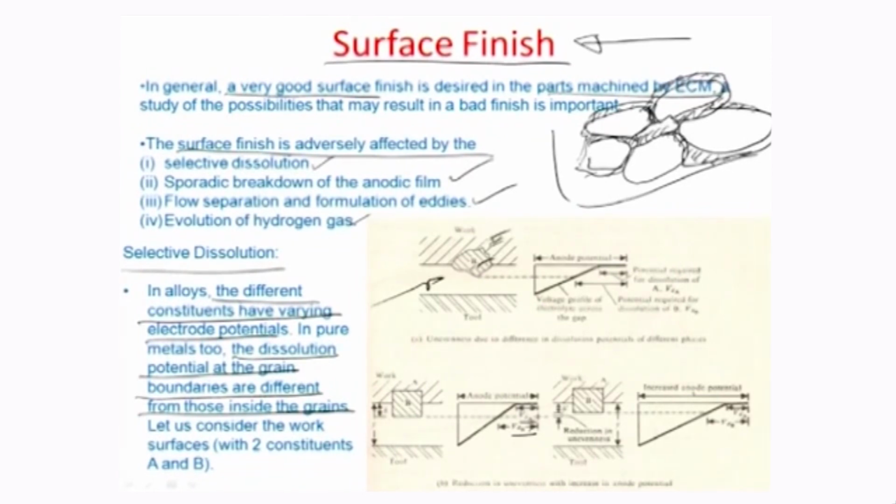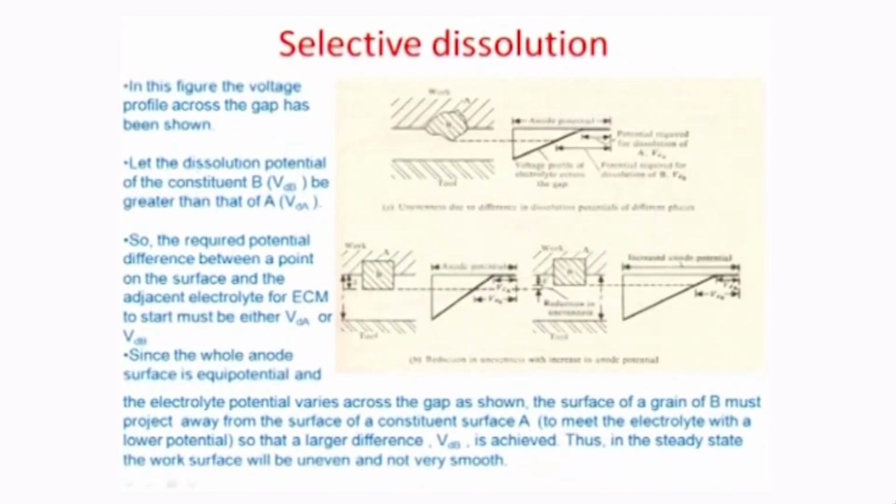So, if we assume that the dissolution potential of B, VdB, is greater than that of A, VdA, the required potential difference between a point on the surface and the adjacent electrolyte for ECM to start must be VdA for the phase A, or must be VdB for the phase B. Okay, so, until this potential is reached at the surface, the dissolution will not occur. Similarly, if for the B phase this potential is not reached, the dissolution will not occur.